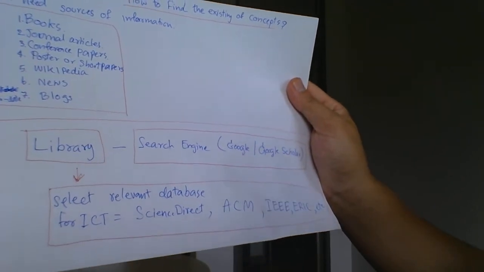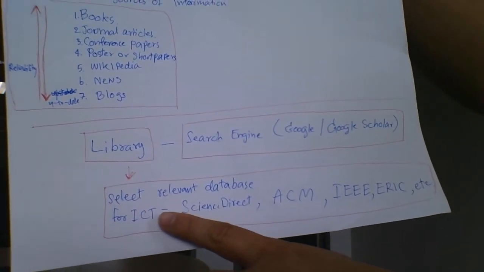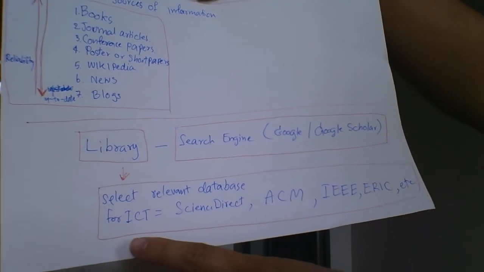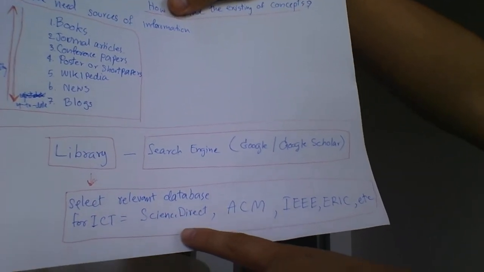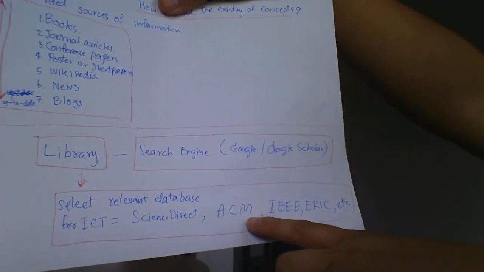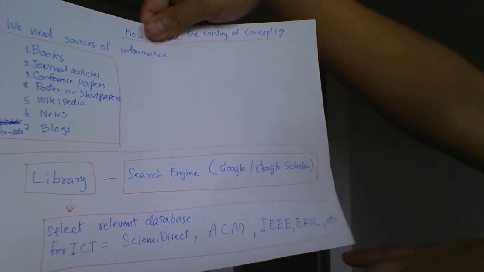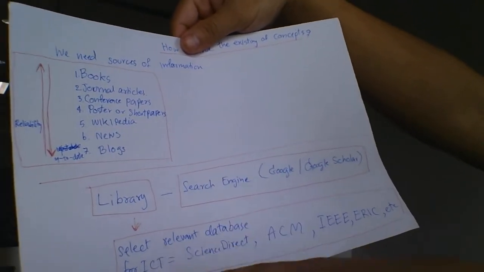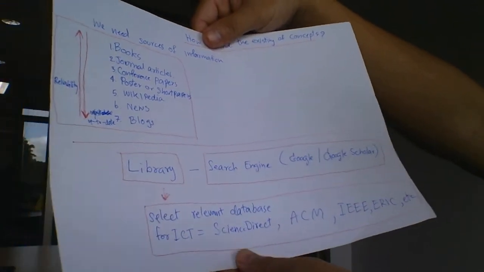For the library, you also have to choose a relevant database. For ICT, you may search from ScienceDirect, which is a database, the ACM database, the IEEE database, the ERIC database, and there are many more. You can look for these databases on the internet also.